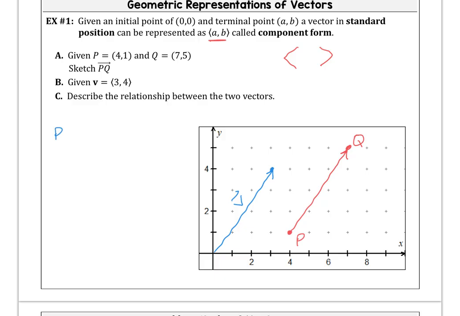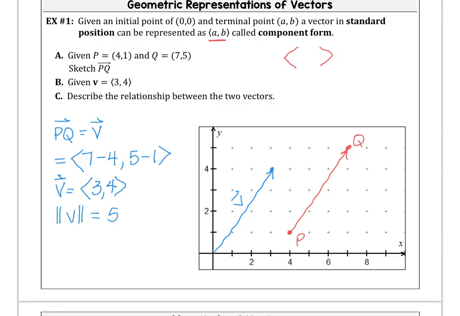I would say the vector PQ is equal to the vector v, because if we did 7 minus 4 and 5 minus 1, we would move that vector PQ back to the origin at (3, 4). The magnitude of vector v is 5. The vectors are equal. They're going in the same direction and having the same magnitude.